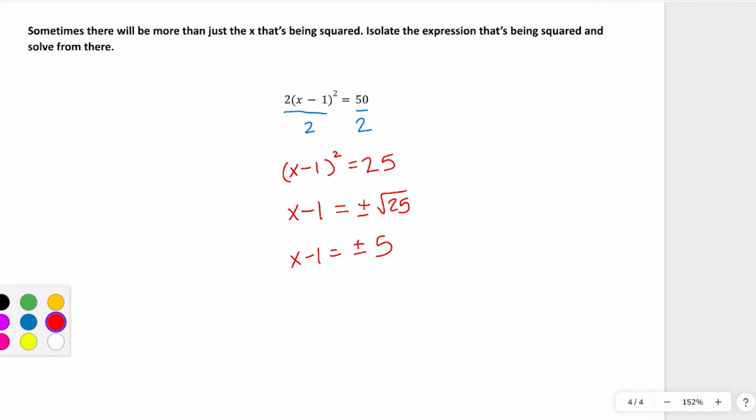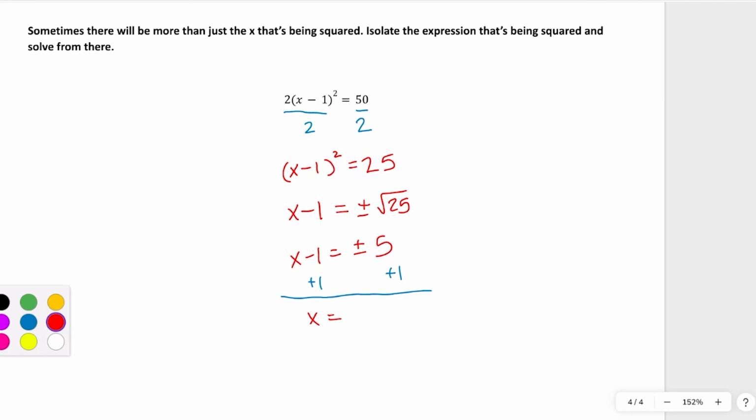Now I can add 1 to this, but we have to be pretty careful about how we do this because we have essentially 2 equations right here. We've got x minus 1 equals positive 5 and x minus 1 equals negative 5. So when we add 1 to both sides, we're going to have to add 1 to not only 5, but also negative 5.